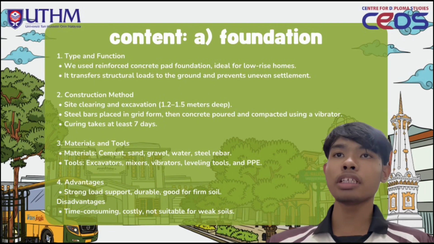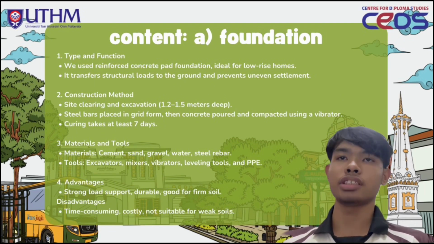The construction begins with site clearing and excavation to a depth of approximately 1.2 to 1.5 meters. After that, we place the steel reinforcement bars in a grid formation within the excavation trench.